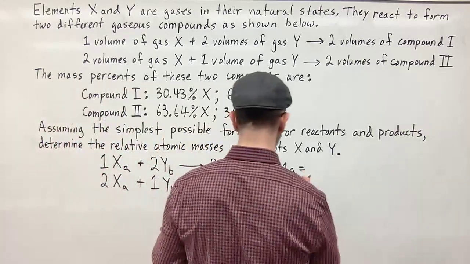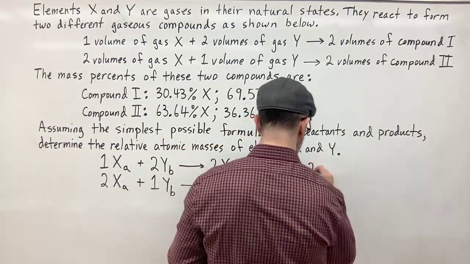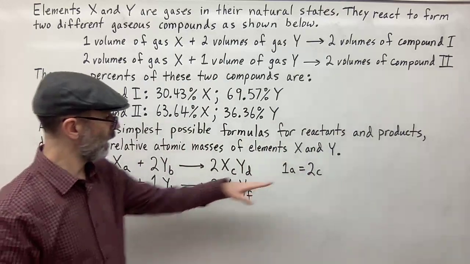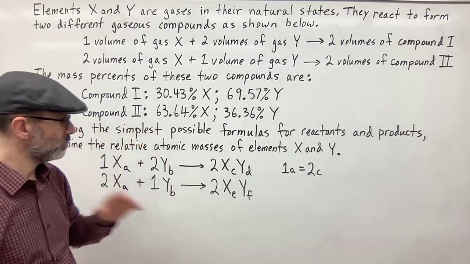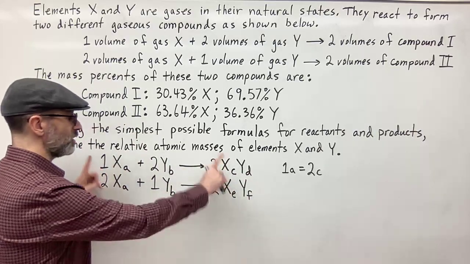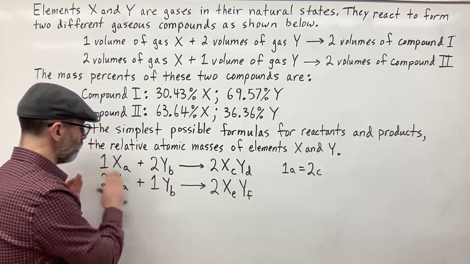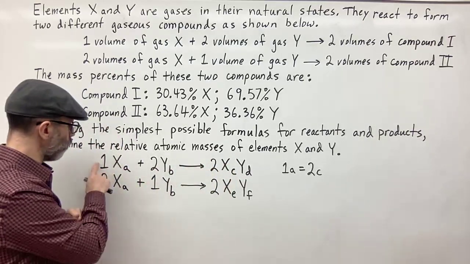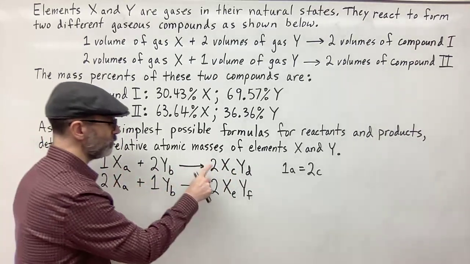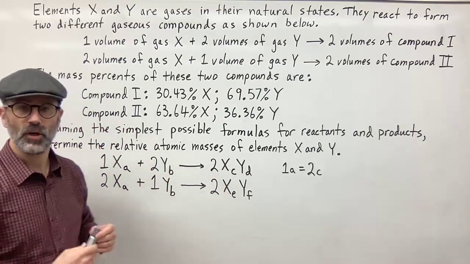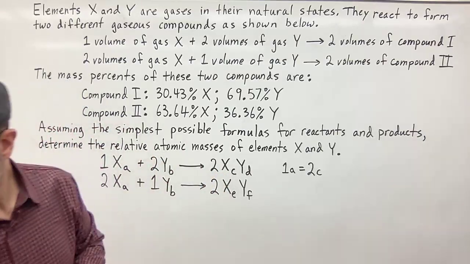So that's got to be equal to the 1a. Okay, so because of the law of conservation of mass, balancing equations, the number of x's on this side should equal the number of x's on this side. Here I have 1 times a. Here I have 2 times c. So 1a should be equal to 2c. Okay, so with me so far?